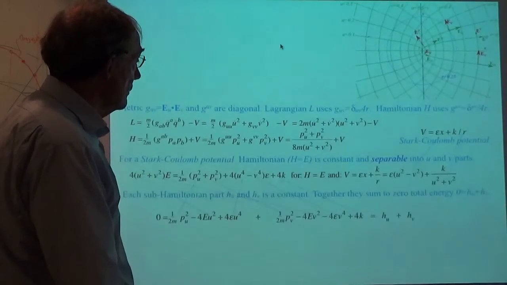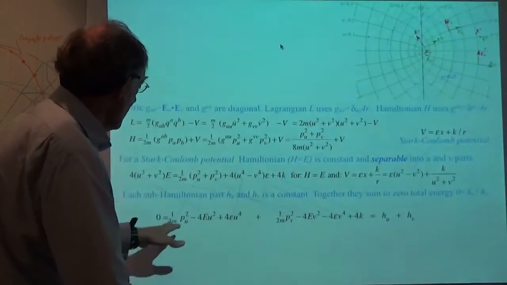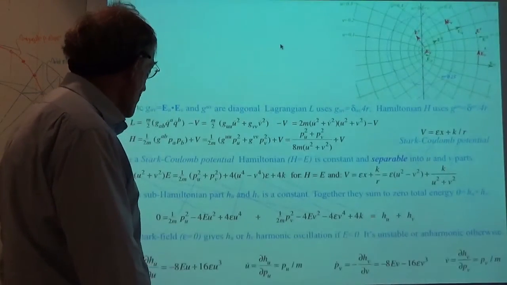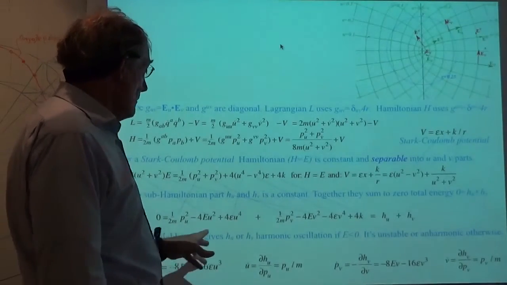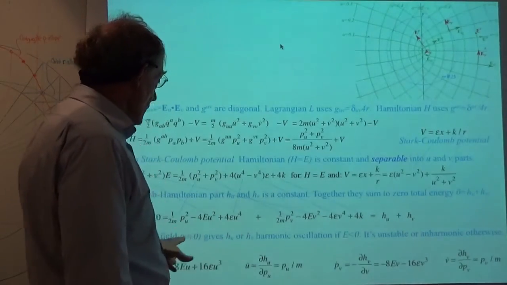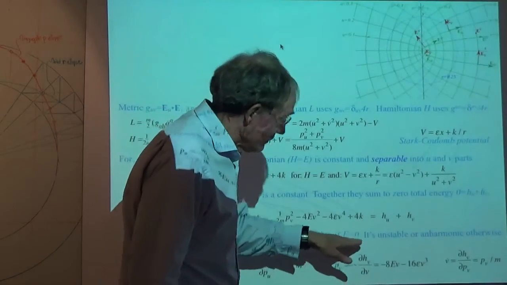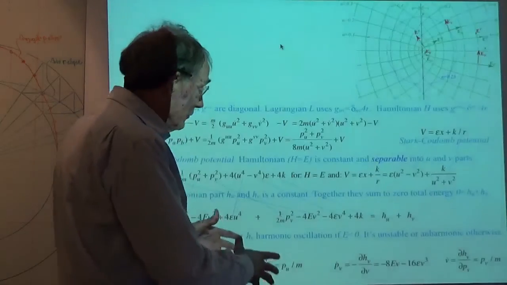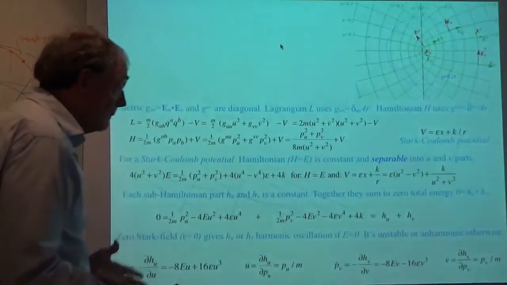I'll just go through it again real quickly. Because I've got this and this, and then I separate it. And if I were to set the Stark field to 0, I'd better get harmonic oscillation. That's kind of cool, that this is a neat coordinate system just to solve the Coulomb problem, because then it'll be harmonic.